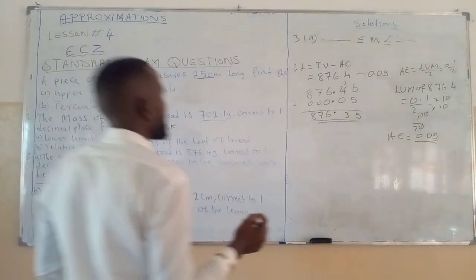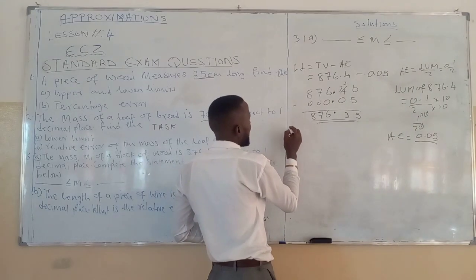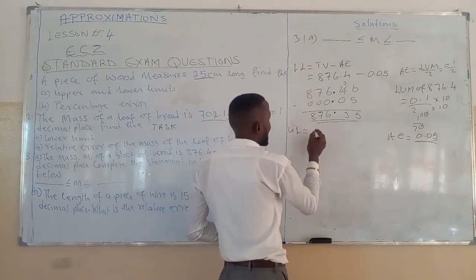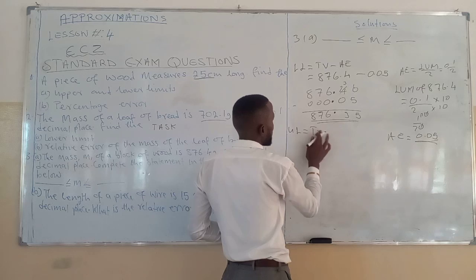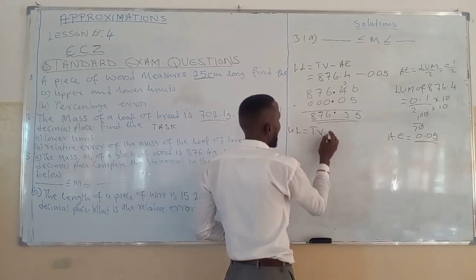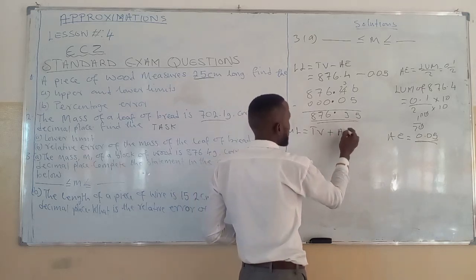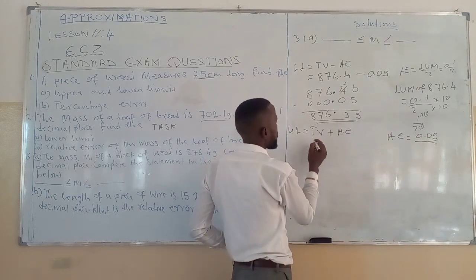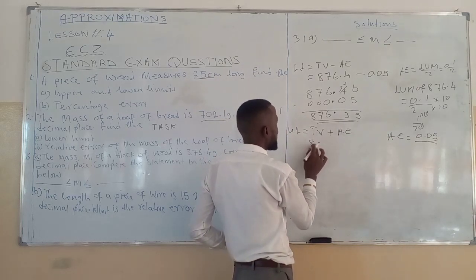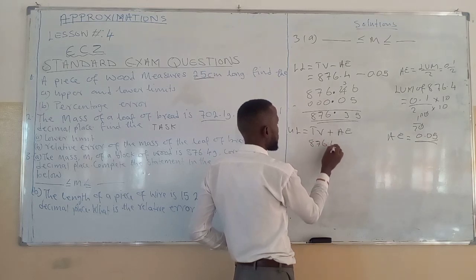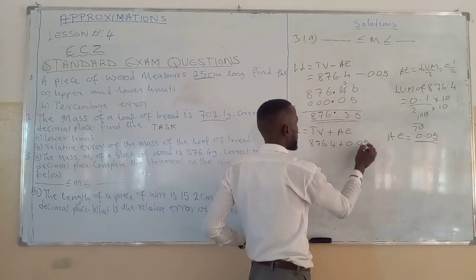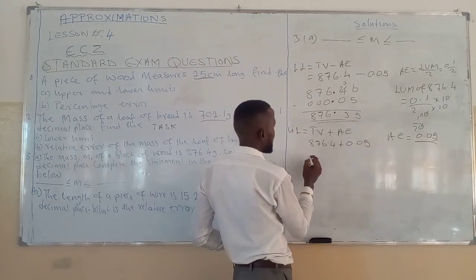Now, what is the upper limit? We are saying the upper limit is equal to the true value plus the absolute error. Now, we already know what the absolute error is, so this is straightforward. It will be 876.4 plus the absolute error 0.05.